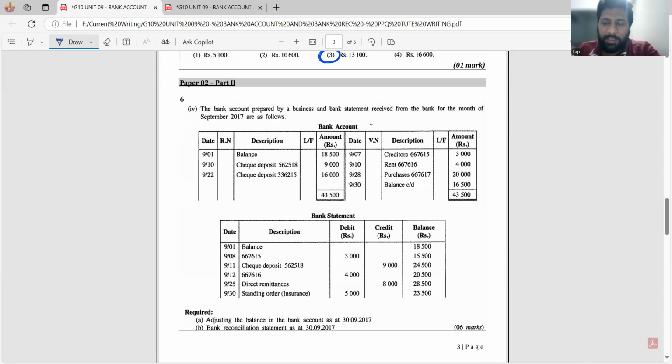When you look at the balances at the end of the month, our accountant is telling us we have 16,500. The bank is telling us we have 23,500. So there is some problem. This is B.C.E. If you take it to the other side, 16,500 is the BDF.